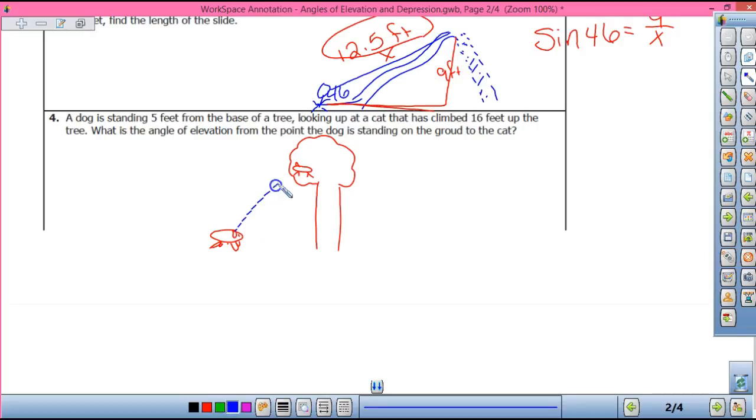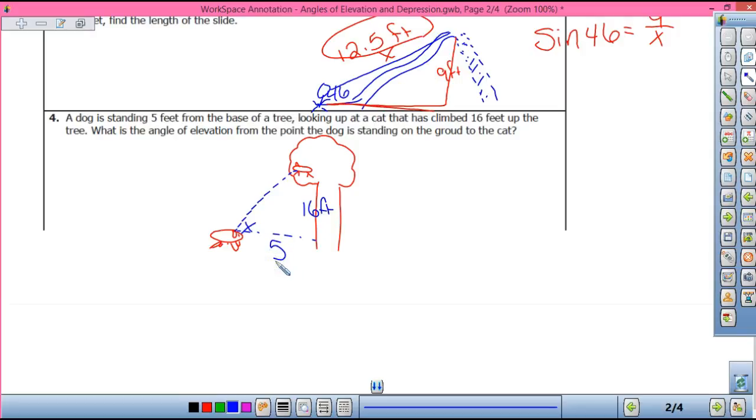The dog looking at the cat is what? Ooh, we don't know. It says the cat climbed 16 feet up in the tree. Where does that go? On the opposite, right? He climbed up 16 feet. The dog's 5 feet from the base. Where's that? On the bottom.